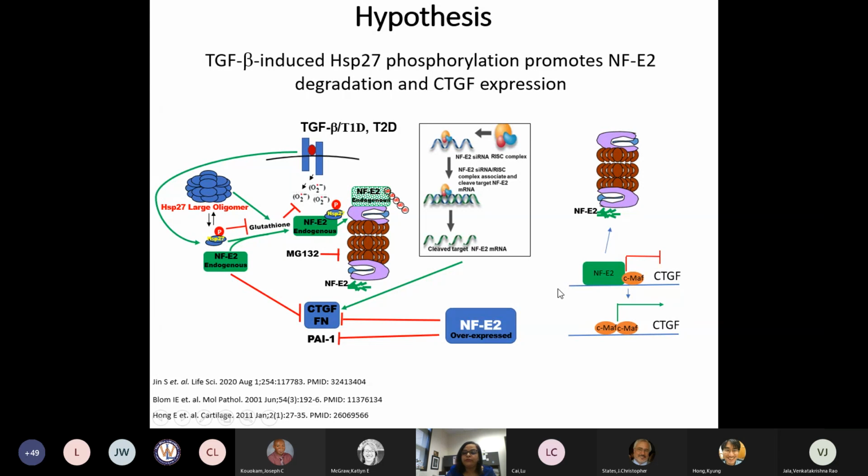However, it's not proven whether it can bind and repress CTGF expression. Similarly, the two MAF proteins can homodimerize, and they have been shown to induce CTGF expression. So in the absence of NFE2, when it's degraded, it's possible that the two small MAFK proteins can homodimerize and induce CTGF expression.